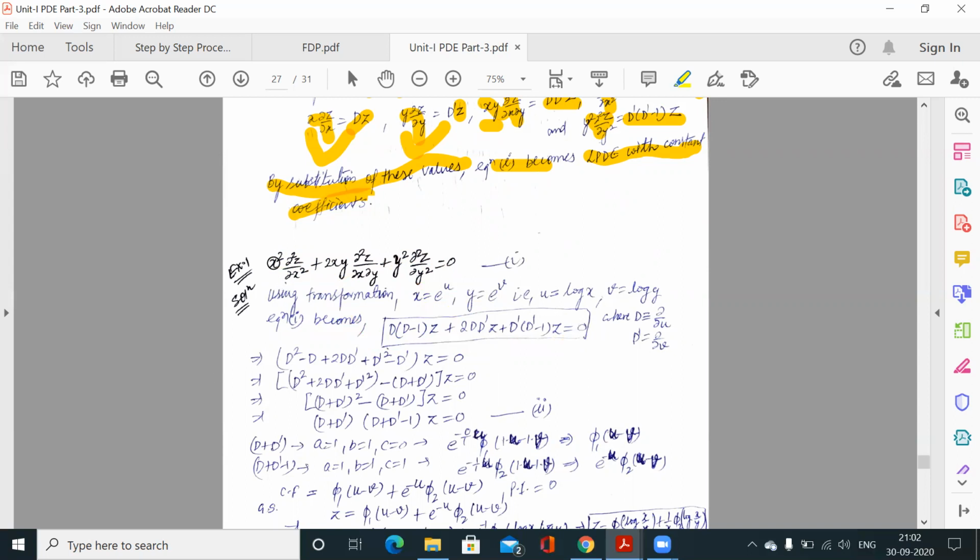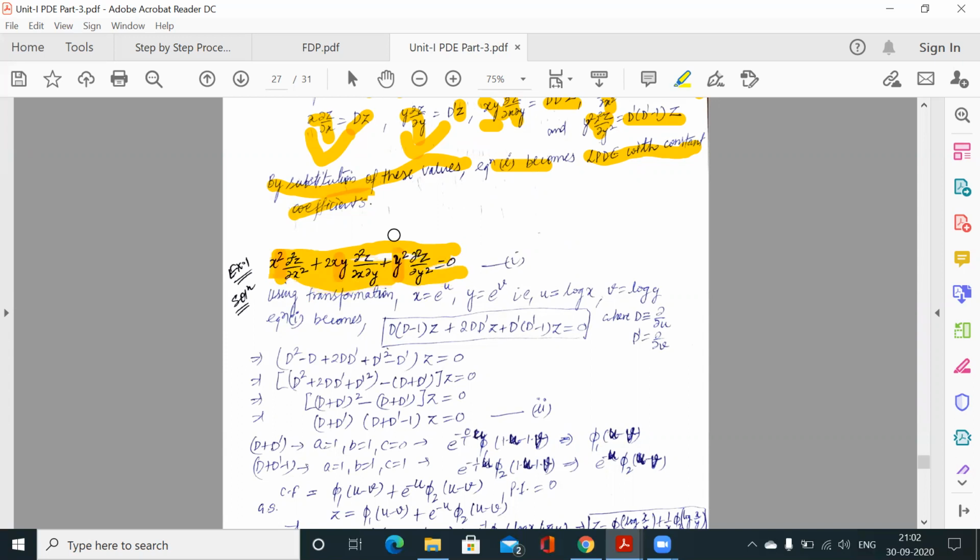So if this is the question, solve this partial differential equation. Because x² is in the coefficient, xy is in the coefficient, y² is in the coefficient, this is a Cauchy-Euler type differential equation.